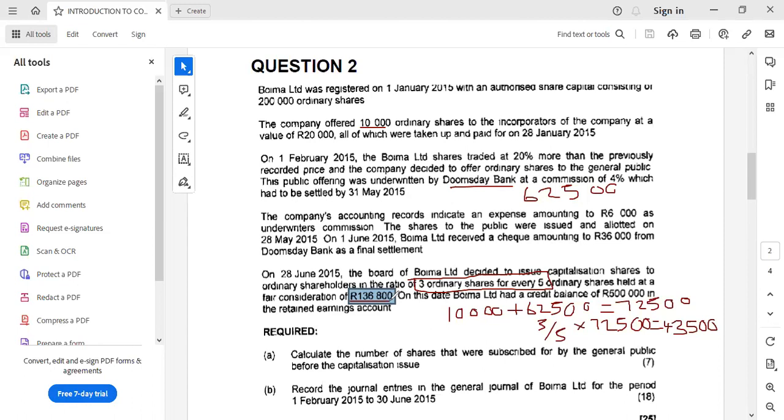The only thing I want you to check is the calculation of the dividend for preference shares and whether they are cumulative or non-cumulative. That's where the difference is. Otherwise, the general entries are exactly the same. I think we did the calculation of the ordinary dividend. So go in your study guide and check that.